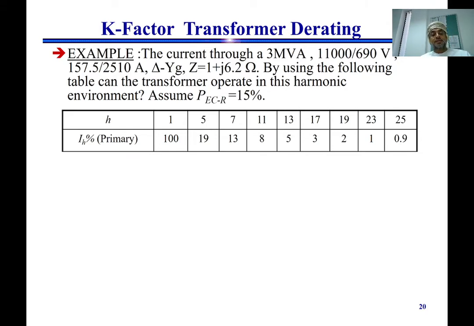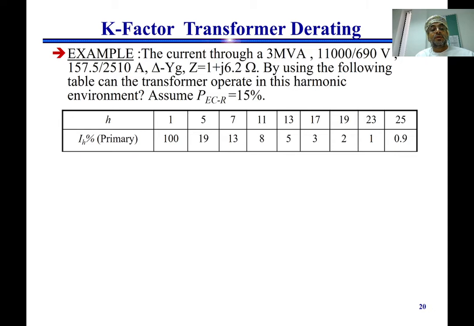Okay, this is an example for the K transformer design, K factor. So let's say the current through a 3 megavolt ampere transformer that reduces the voltage from 11 kV to 690 volt. This is the rated current, delta Y. It has Z of 1 plus j6.2.